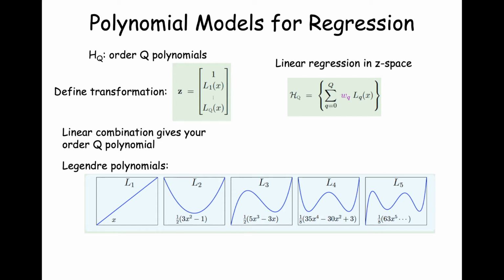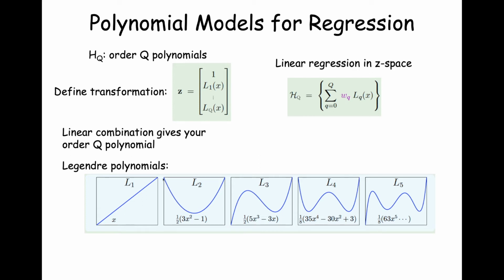And I'll leave it to you to look up Legendre polynomials in the literature. But nonetheless, our hypothesis set is the set of degree big Q polynomials. And so we have a weighted sum, w_q, the weight for the qth term, times that Legendre polynomial term.